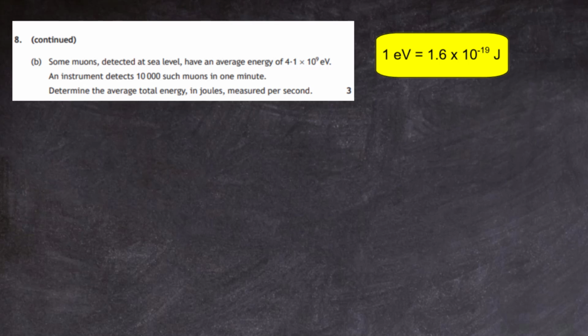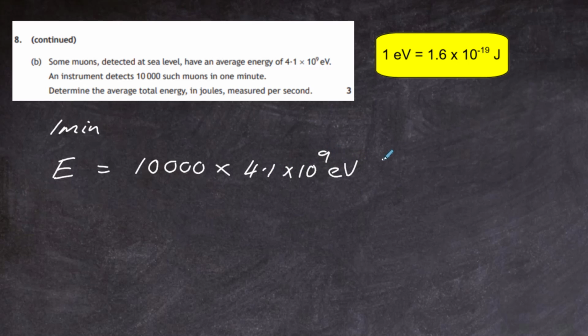We now can do our calculation based on 1 minute. So we put down 1 minute, and we can find the total energy which arrives. It's going to be equal to 10,000 times the average energy of one of those muons, so 4.1 times 10 to the power 9 electron volts, and we've got to multiply that by, remember, what 1 electron volt is, 1.6 times 10 to the minus 19 joules per electron volt.